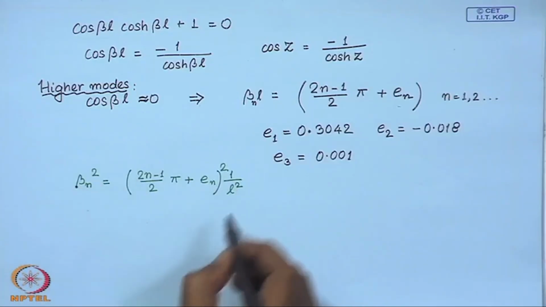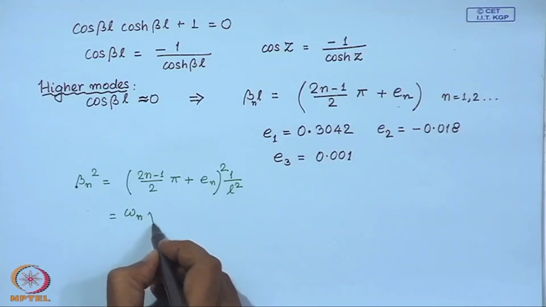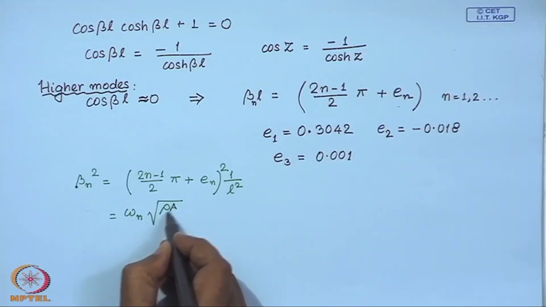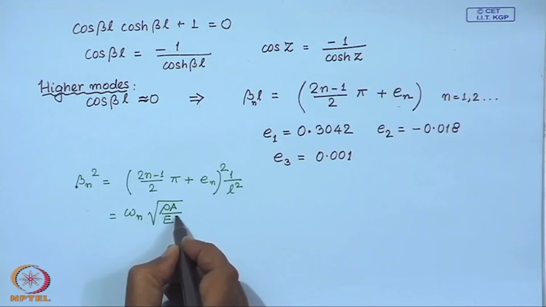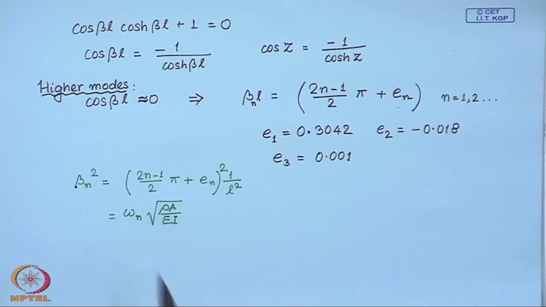So, beta n square is nothing but the square root of rho a over E I times omega, times omega n.